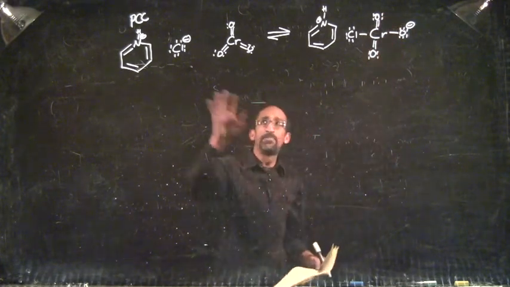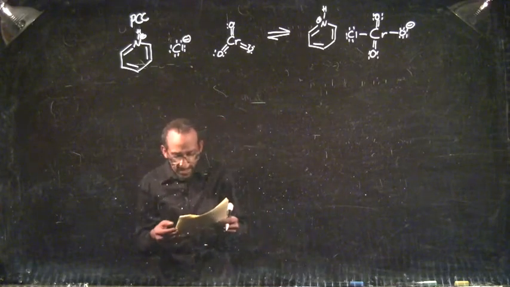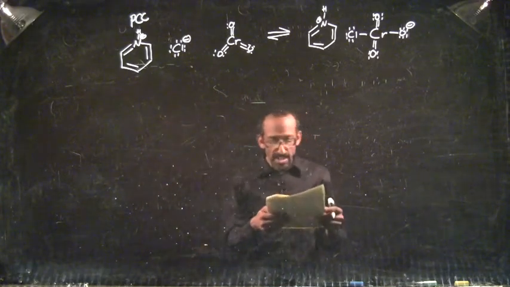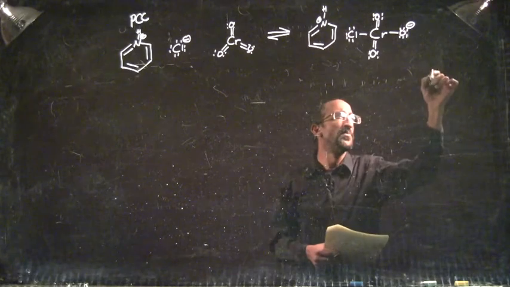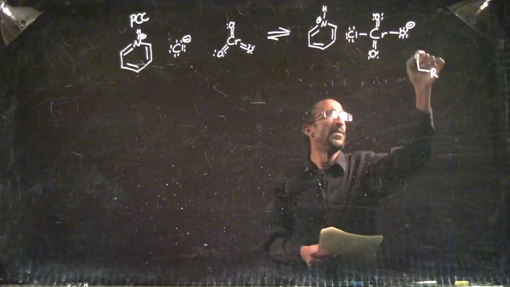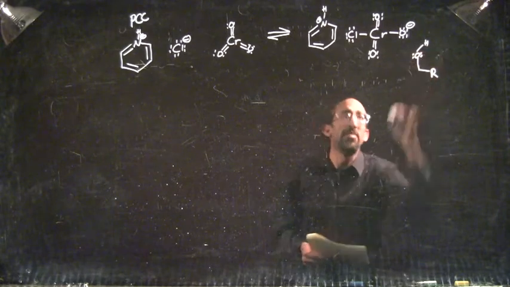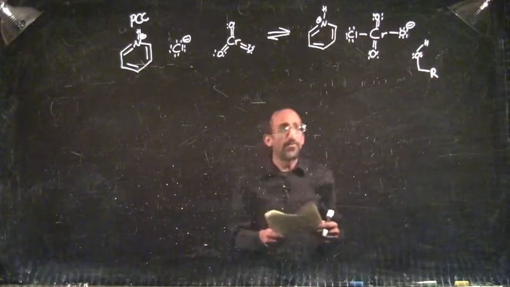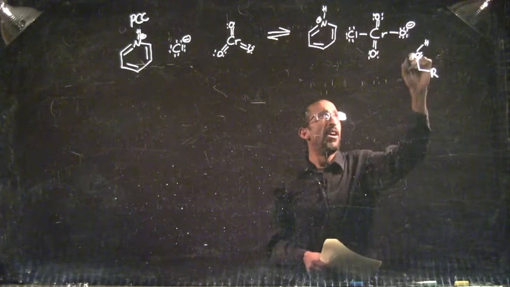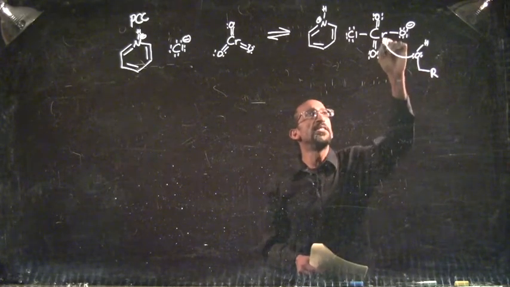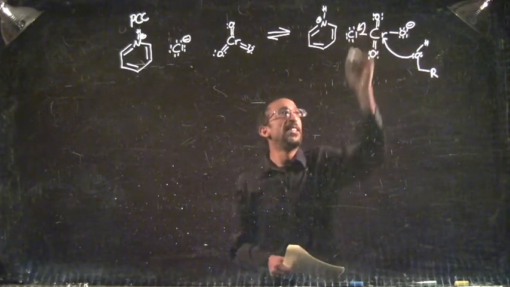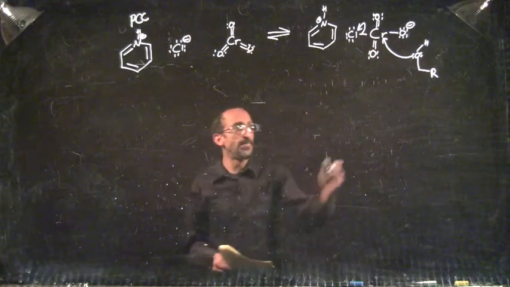Right, so there's our PCC equilibrium. And now we can bring in a primary alcohol and begin our reaction. In the first step of our reaction, our alcohol oxygen attacks into the chromium center, displaces the chlorine ion.